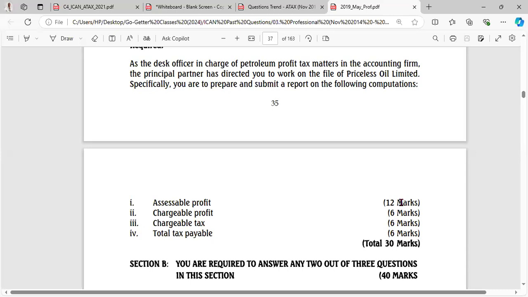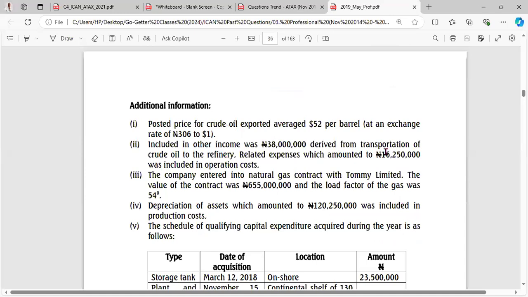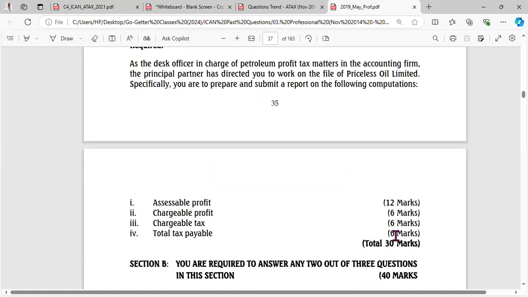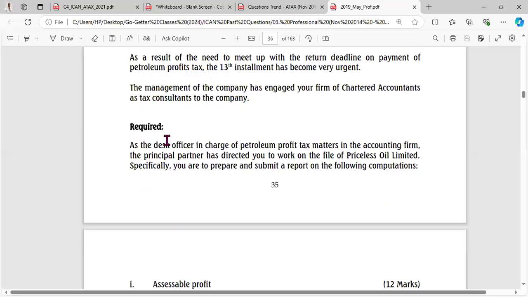I think it's 10 marks. If this is 2 marks, then that means this is 10 marks, because 6, 12, 18, 18 plus 12 is 30. So let's do it now. We are asked to look for chargeable profit, assessable profit, chargeable tax, and total tax payable. All right, so this is the requirement.